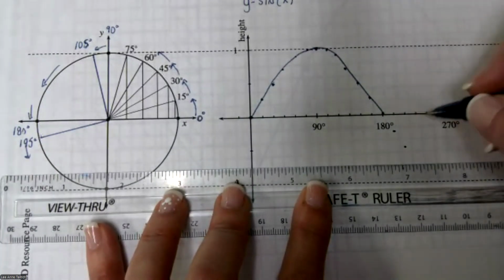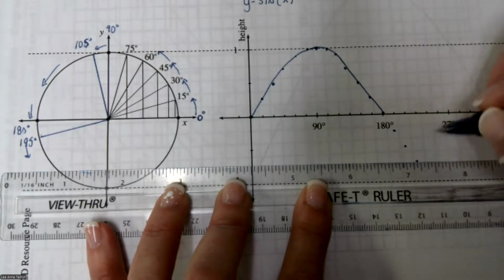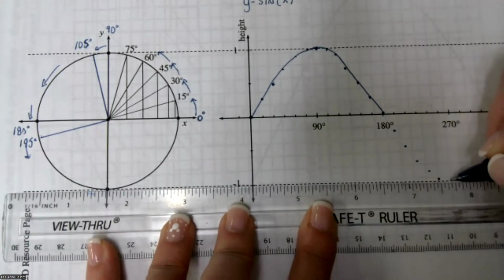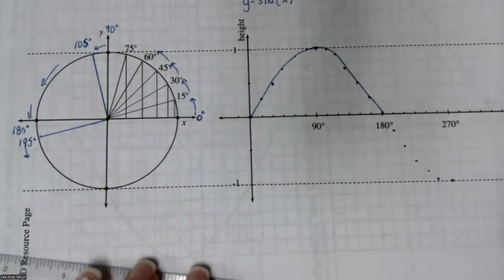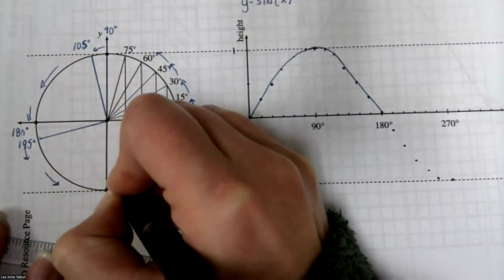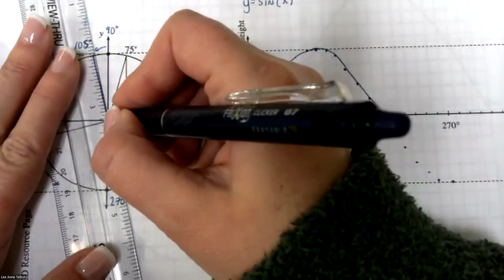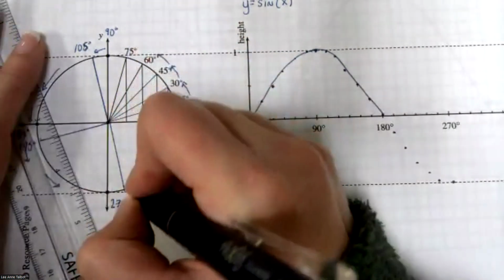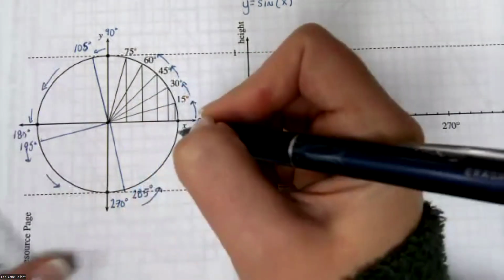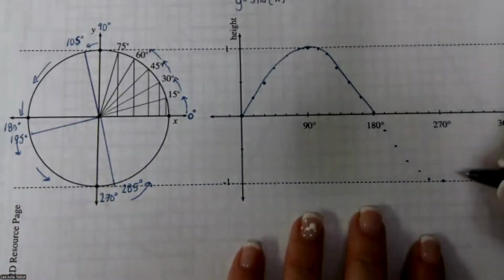Negative 0.707. Negative 0.866. Negative 0.966. Negative 1. And then it starts coming back up to the surface.